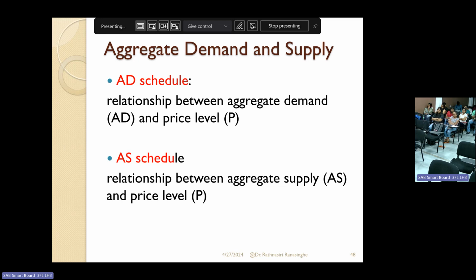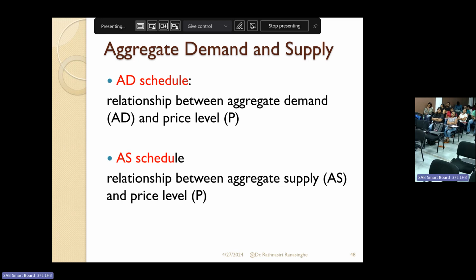Now there are different views among economists regarding the aggregate demand and aggregate supply curves. We will look at the Keynesian theory, which basically identifies the demand side factors, so Keynesians talk much about aggregate demand. But the classicals talk much about aggregate supply.